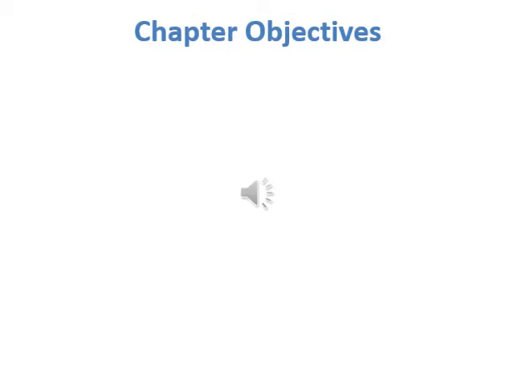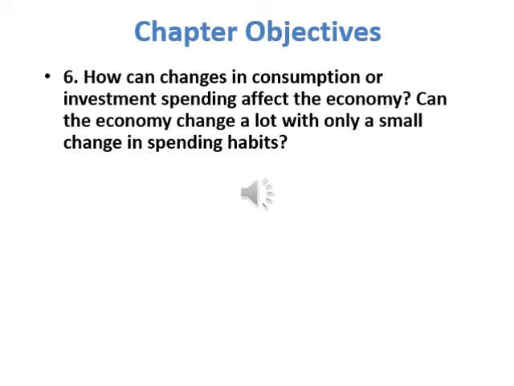Chapter Objectives. 6. How can changes in consumption or investment spending affect the economy? Can the economy change a lot with only a small change in spending habits? Changes in spending will cause the equilibrium level of GDP to change.